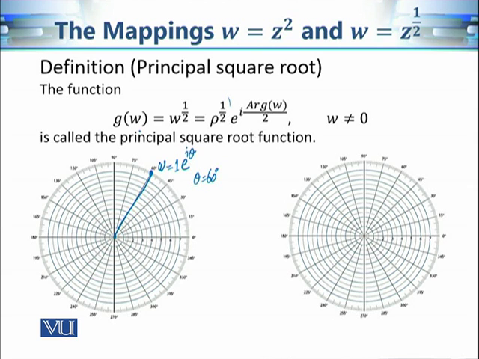When we apply this principal square root function, the square root of 1 is 1 and half of 60 degrees is 30 degrees. So that's why it will be mapped onto this number. This is g of w.